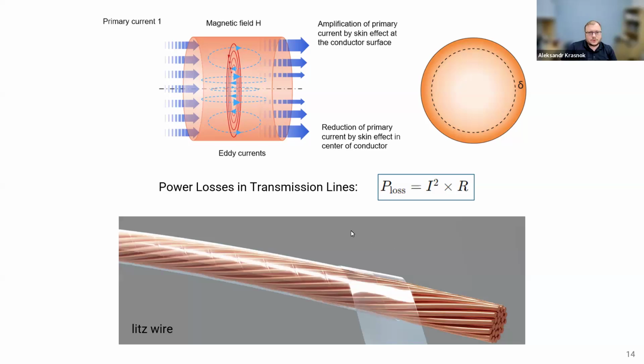One solution is to make the wire not just a whole wire, but from a number of wires with a smaller diameter, to ensure that the current distribution across every single wire in the total wire is homogeneous.